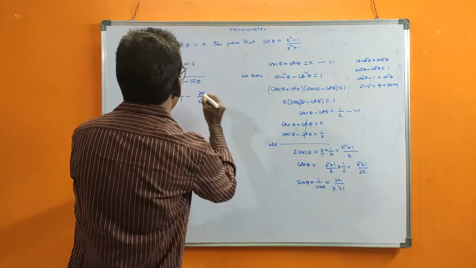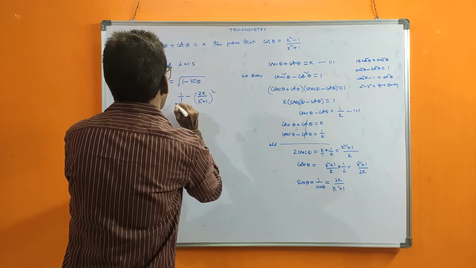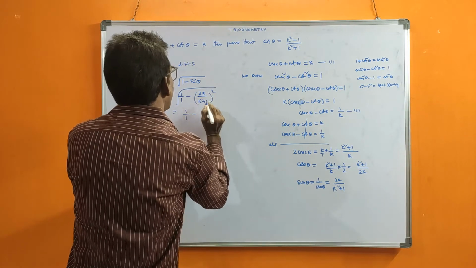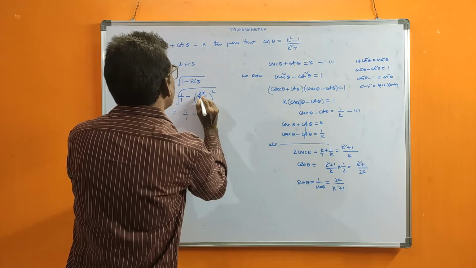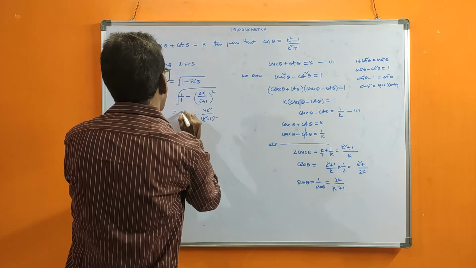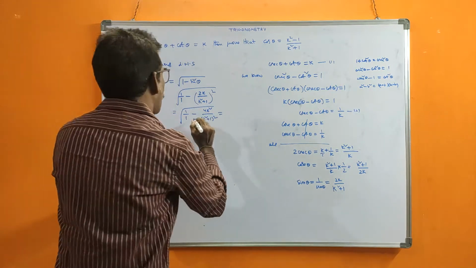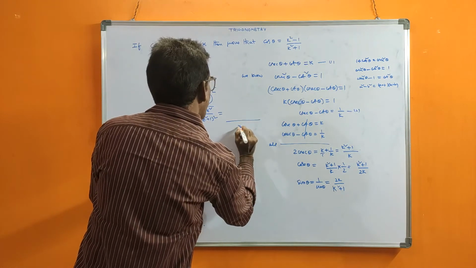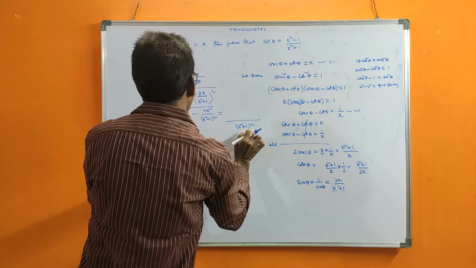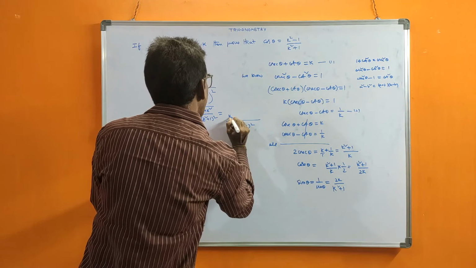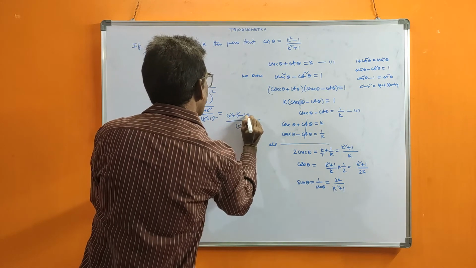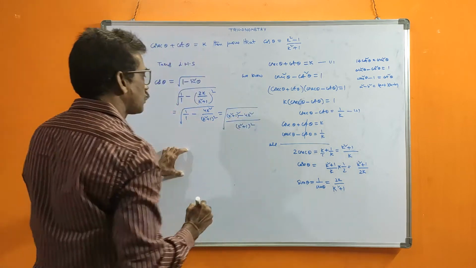Square it and take the root: 4k square by k square plus 1 whole square. Now take the LCM, k square plus 1 whole square, so it is k square plus 1 whole square minus 4k square, all under root.